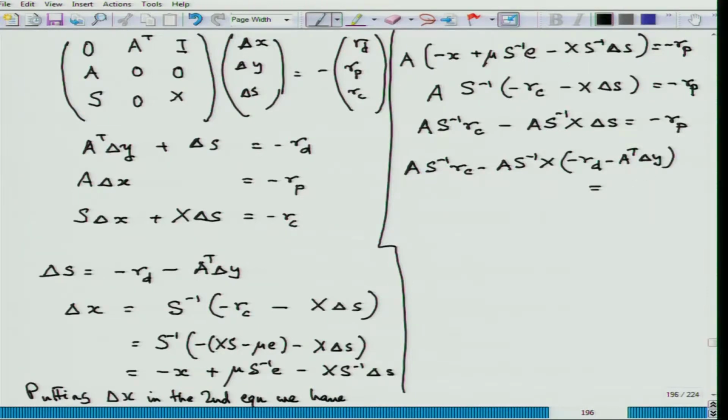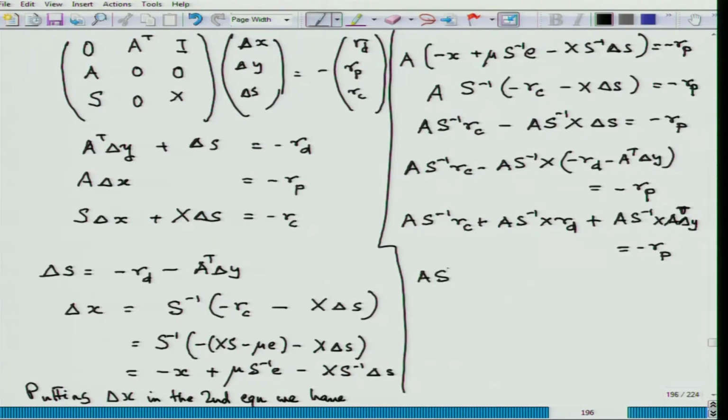This will give you minus R P. Now, A S inverse R C minus A S inverse x, minus minus plus R D, minus minus again plus A S inverse x A transpose delta y is equal to minus R P.